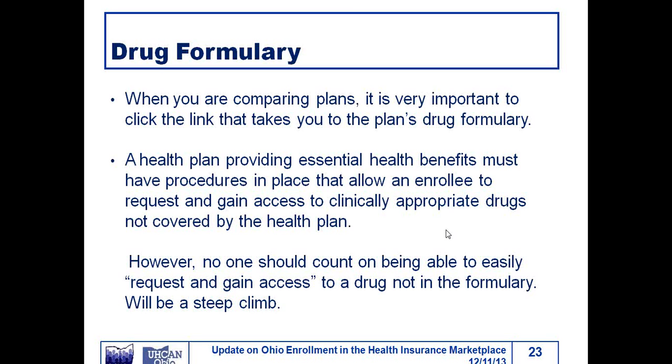But it actually was changed so that it's a little more relaxed standard now, and they have to have up to the number of drugs in a particular class or category that were in what's called the benchmark plan in the state. And in Ohio, that's a small business Anthem plan that was used as the standard for figuring out what the benefits are. So the formulary is a list.